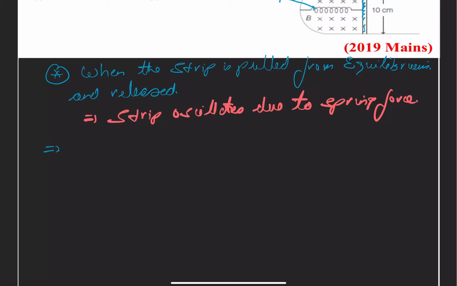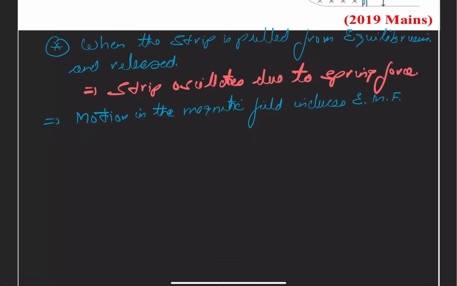because there is a magnetic field present, the motion in the magnetic field induces EMF, and this EMF will result in the flow of current, causing current to flow.